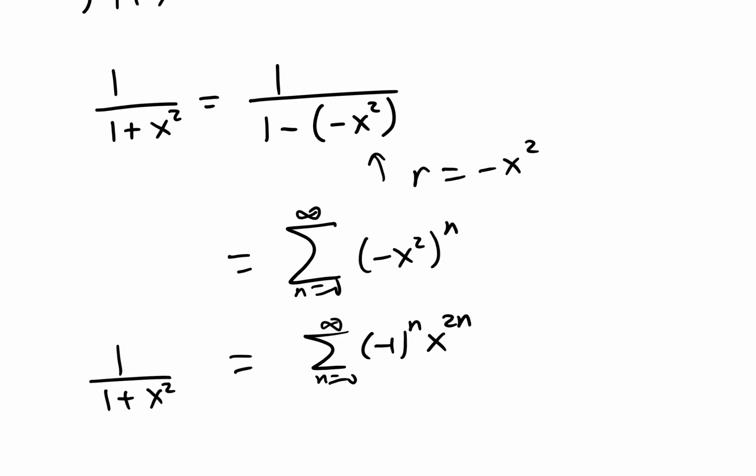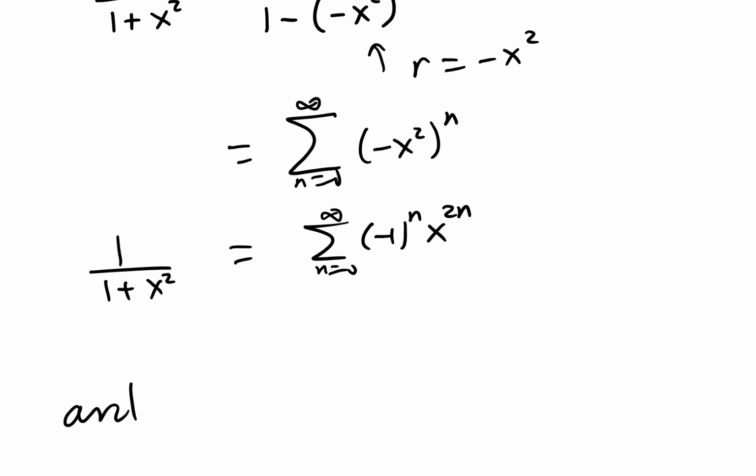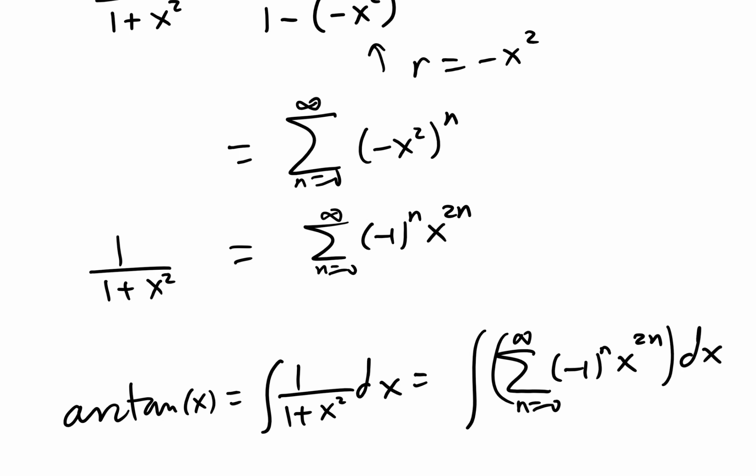And then to get to the arctan, we are going to integrate this. The arctan of x would be the integral of 1 over 1 plus x squared dx, which would be the integral of the sum of negative 1 to the n, x to the 2n dx, where n ranges from 0 to infinity.